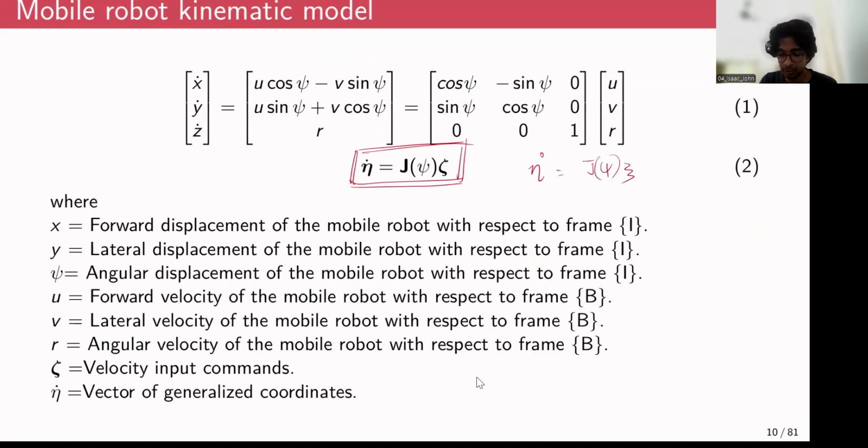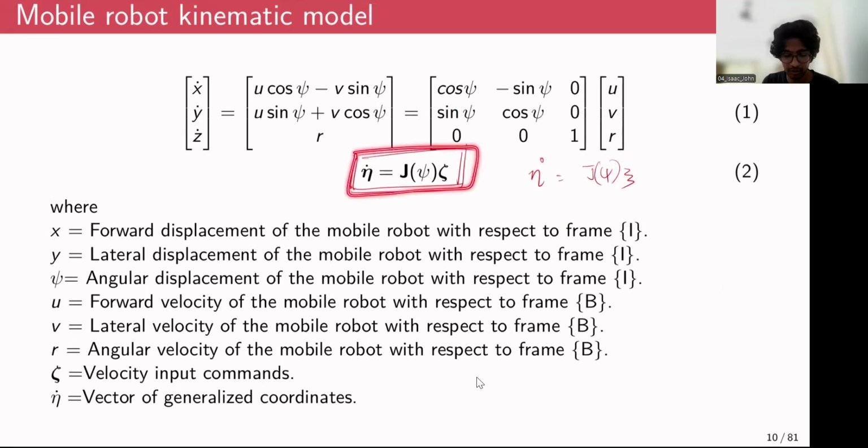And many times you probably need to switch back and forth between each of these coordinates. So if zeta is given, in order to find eta dot, you pre-multiply zeta with this Jacobian matrix. Or if eta dot is given and zeta is to be found out, you pre-multiply eta dot with the inverse of the Jacobian matrix. So either way, you can use this relation.